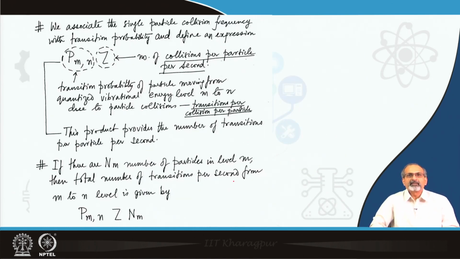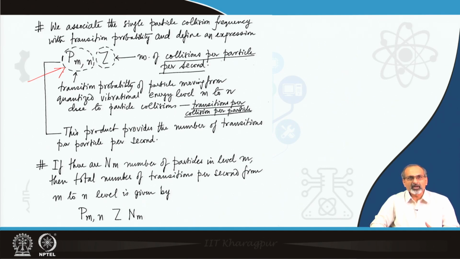We associate the single particle collision frequency with the transition probability, and we define an expression like this. So, we have multiplied the probability P m comma n with z. One of them gives a probability of how many transitions can take place after a particle collides with many, and the other gives us the count of collisions per particle per second.